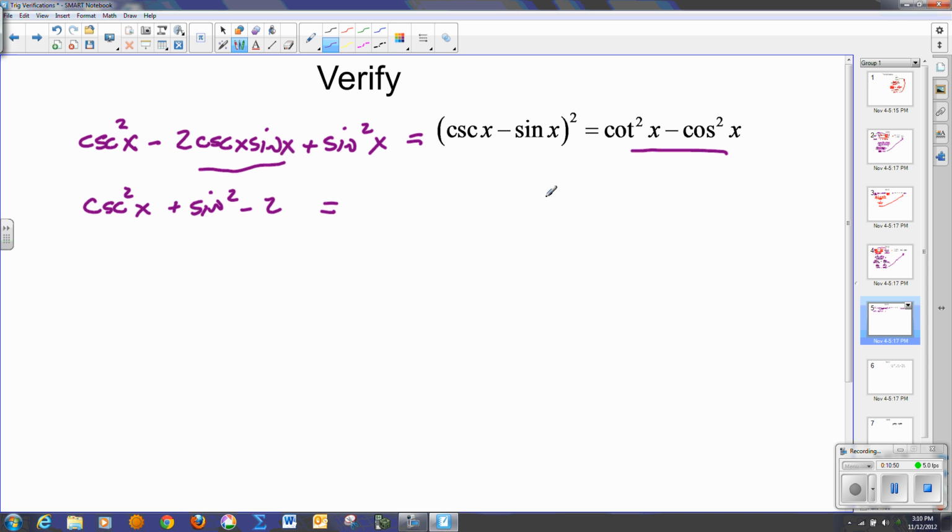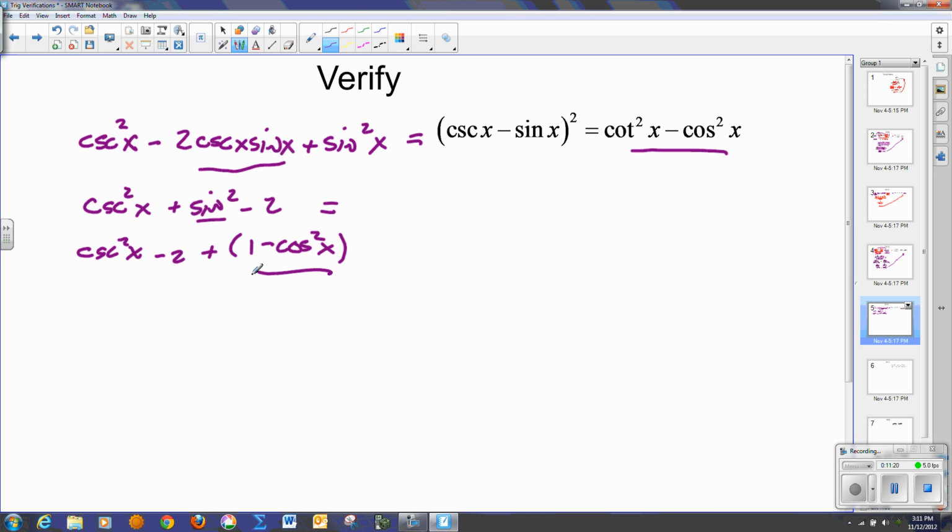Now, I need a cosine squared, and I see I've got a sine squared here. So I know sine squared is equal to 1 minus cosine squared. I can make that identity happen right now. So let's do this. Let's say this is cosecant squared of x minus 2 plus 1 minus cosine squared of x.